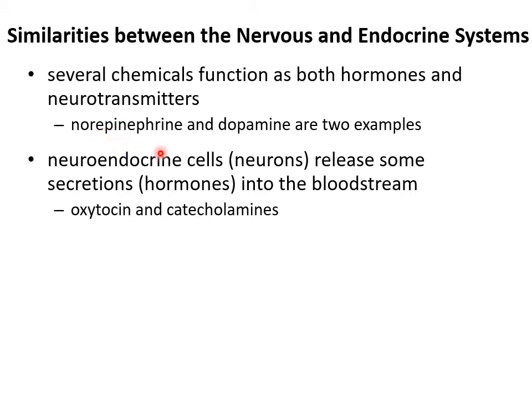Examples of this are norepinephrine, otherwise known as noradrenaline, and dopamine. Another similarity is that some neuroendocrine cells or neurons release hormones into the bloodstream. For example, oxytocin is released by neuroendocrine cells and catecholamines.